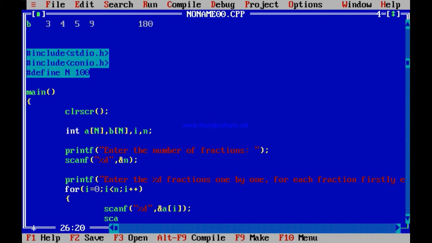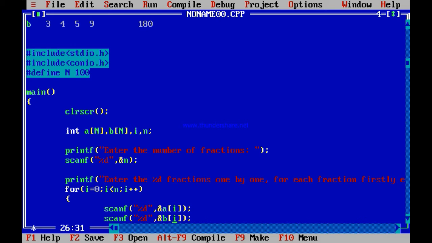Then you must scan B0. You scan B0, and as a result the first denominator is scanned. Then i becomes i++, that is, i becomes 1. It will scan A1 followed by B1. That's what you want: firstly A0, then B0.